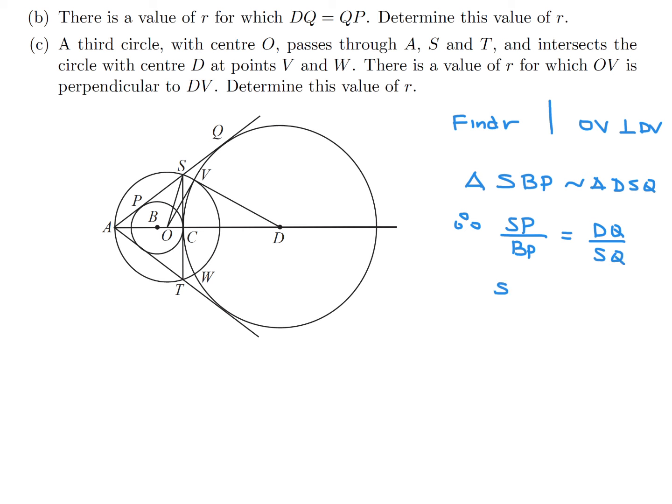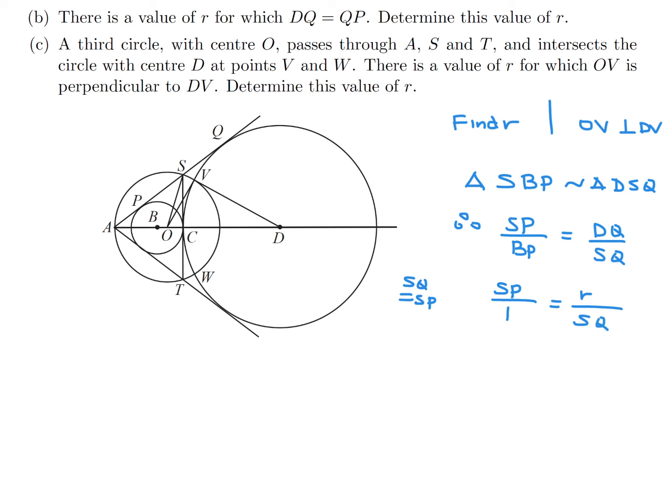And if we substitute as best as we can, BP is 1, DQ was R, and SQ, well, do we know anything about SQ? SQ is the same as SP, I believe. Yeah.